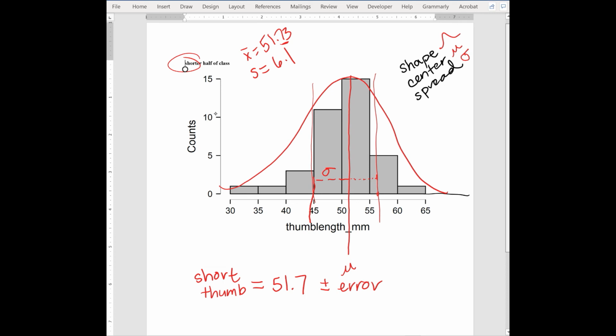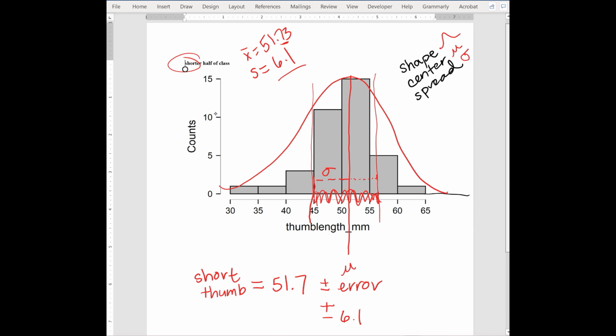So if we're trying to predict the population, anywhere plus or minus about 6 is pretty reasonable. It wouldn't be surprising at all if we got as low as 6 lower, 51 minus 6, or as high as 6 higher. If we got anything in this range of our standard deviations, if we randomly pick somebody, that wouldn't be very surprising because that's where most of our population falls, right?